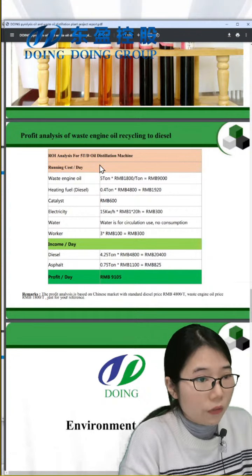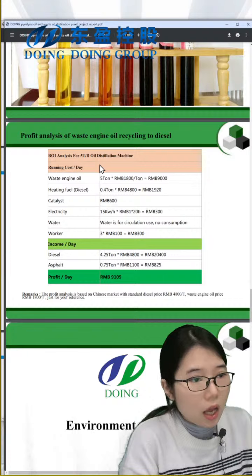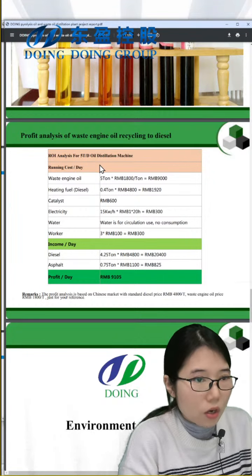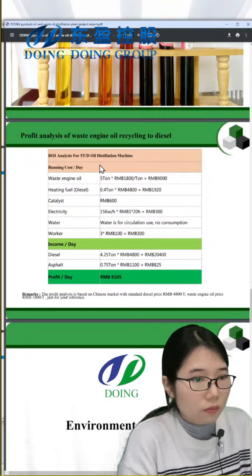For electricity, it's 50 kilowatts per hour, which will cost you 300 Chinese yuan. Water is used for circulation. Three workers will cost 300 Chinese yuan.